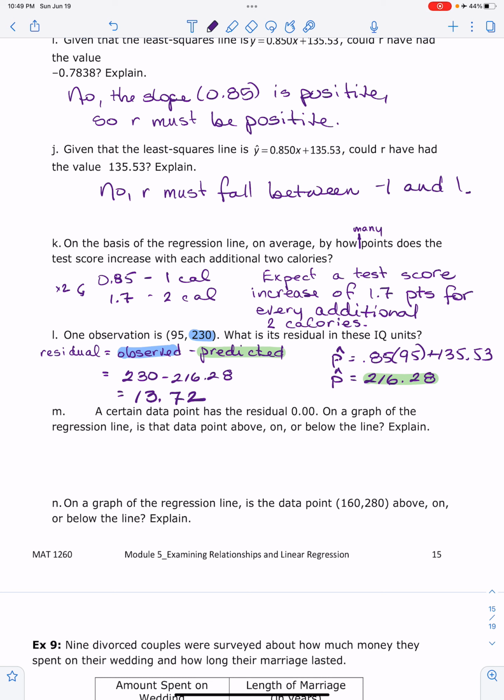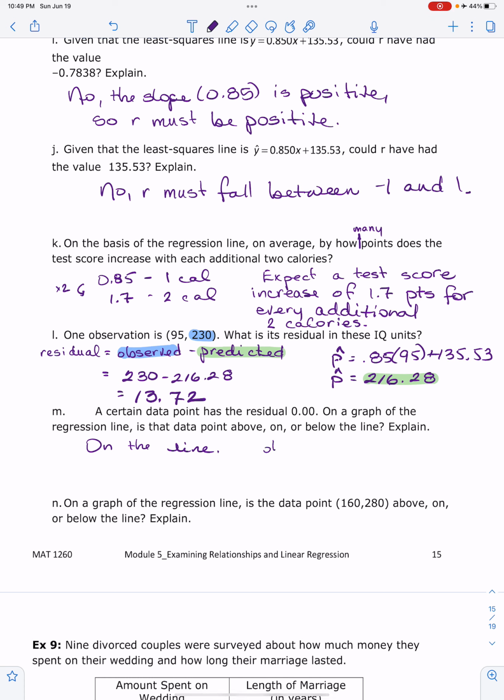M, we have a data point that has a residual of 0. Is that data point above, on, or below the line? The data point is on the line. Because if the residual is 0, that means the observed minus predicted is 0, so observed has to equal predicted.